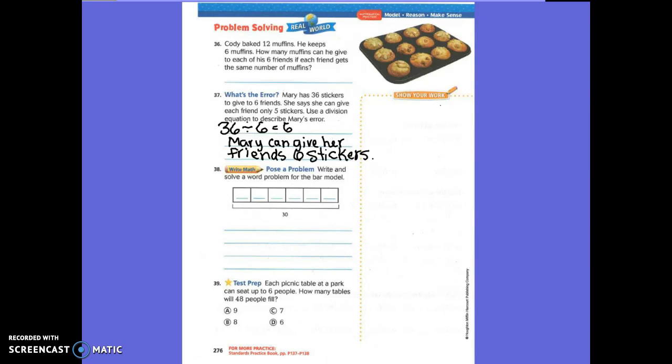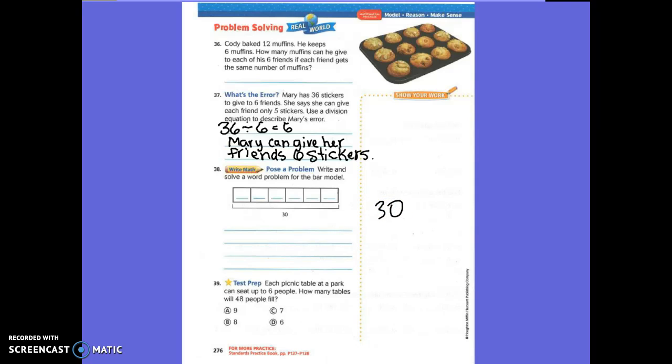Okay, something equals 30, but we're solving a problem, so what's 30 going to be in our problem? We're not multiplying, we are dividing. The dividend. 30 should be the big number. It should be the dividend.